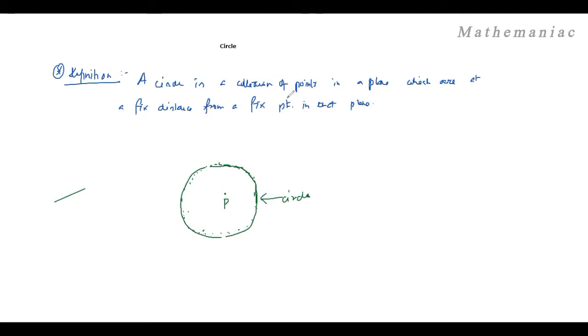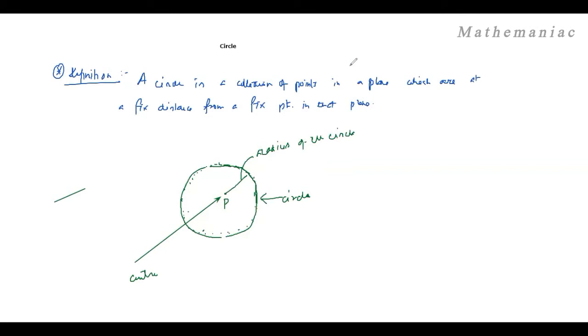Now here, this fixed point we have started with is called the center of the circle, and the fixed distance is called the radius of the circle. Radius of the circle. So these are very, very important and fundamental.